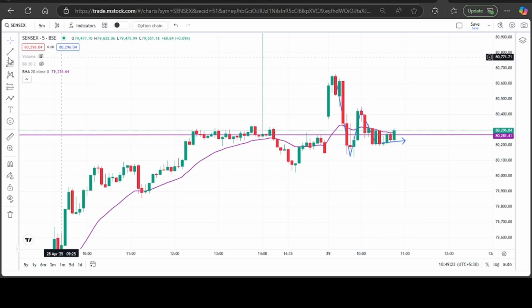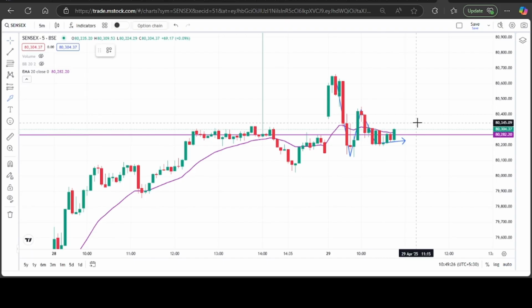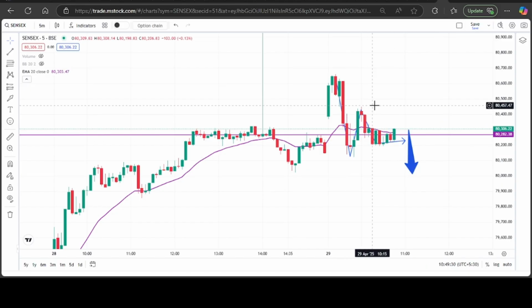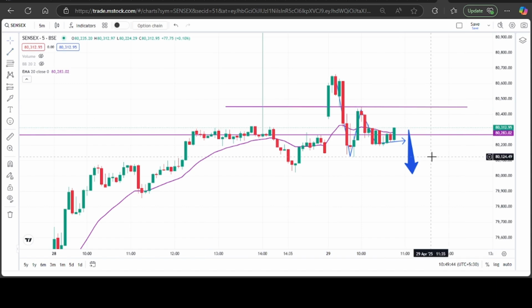And the most probable direction of this trade would be down from here, because this is a pullback. It has created a key level here. Okay, and let's see now.